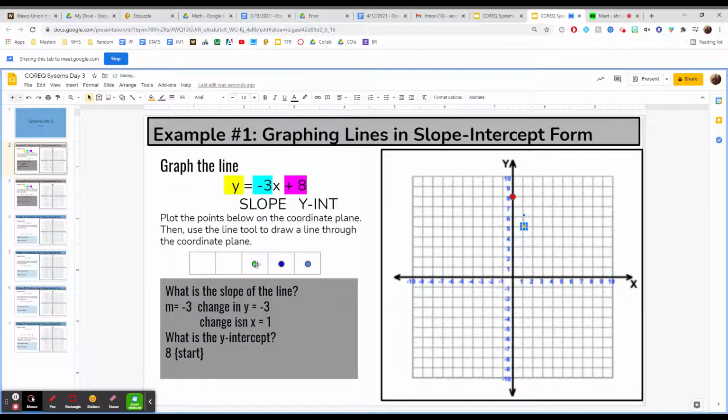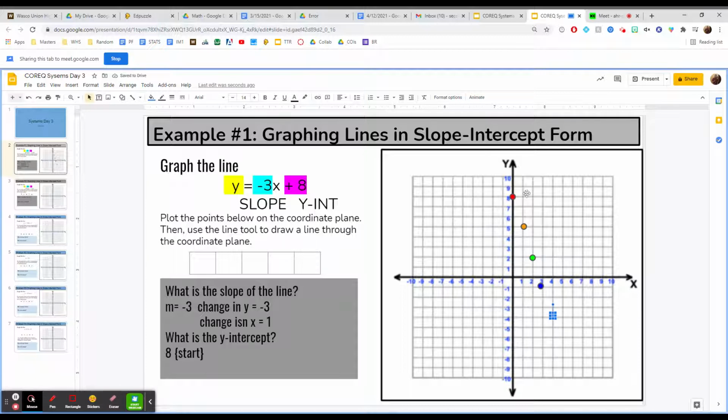Then I'm gonna grab the other point, and from this same one, I'm gonna go down 3 again on y, 1, 2, 3, over 1. I'm gonna drag the next one, and from this point down 3, over 1. And one more time to finish putting all my dots: 1, 2, 3, over 1.